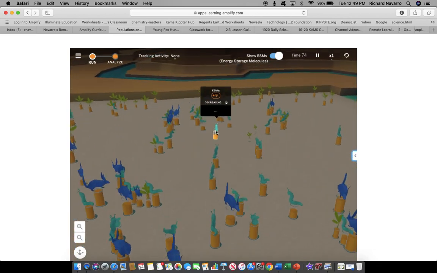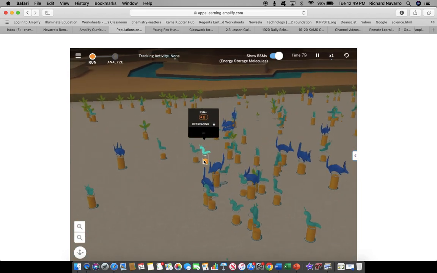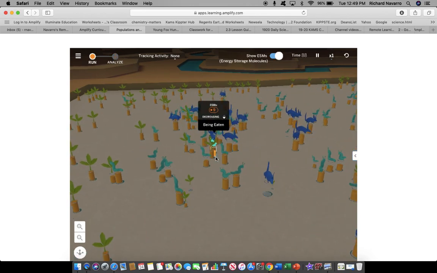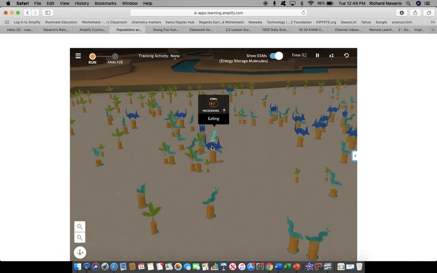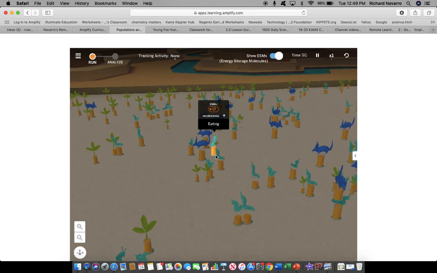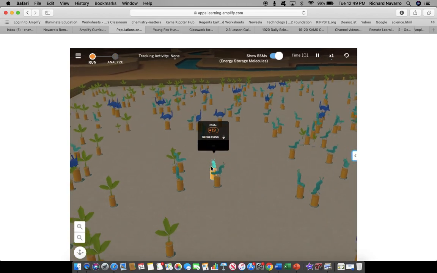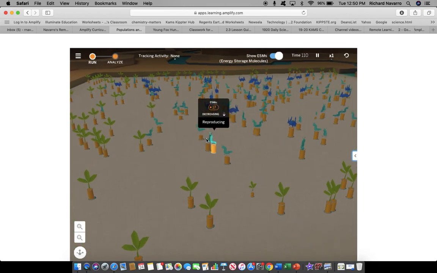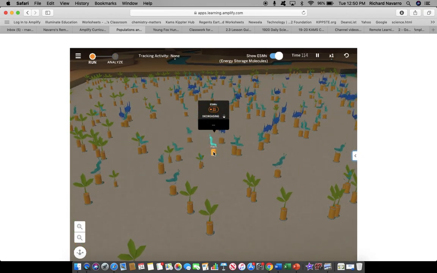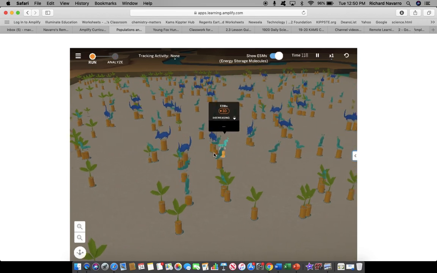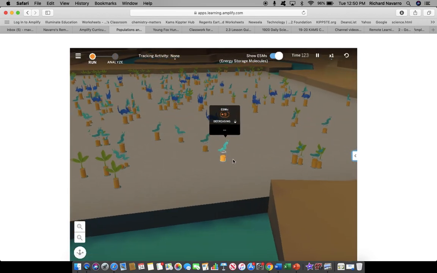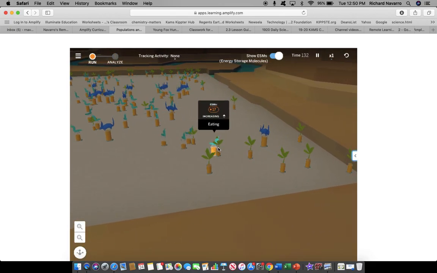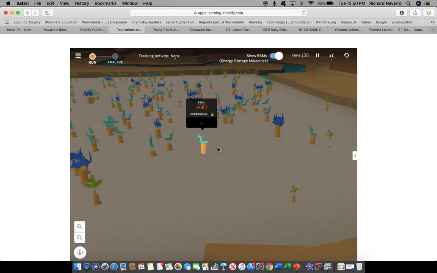And notice how its storage of its energy or its food storage molecules increases and decreases as it does activity. As it's eating, its storage goes up, it fills its tank. When it's expending energy, its levels drop or decrease, and it needs to go find a green leaf to replenish its molecules.